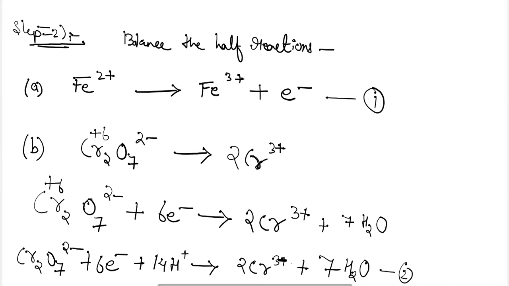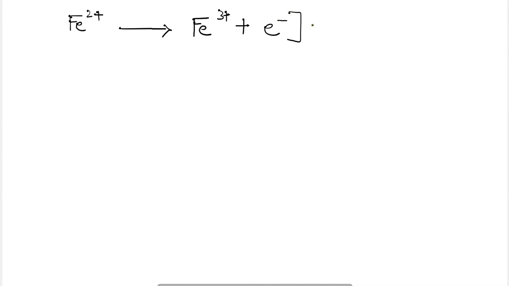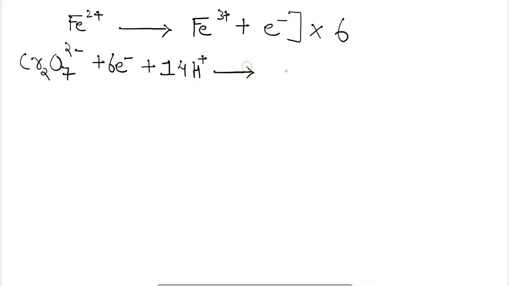So what will happen? Fe2+ gives Fe3+ plus 1 electron, into 6, and here Cr2O7 2- plus 6 electrons plus 14 hydronium ions gives 2Cr3+ plus 7H2O.